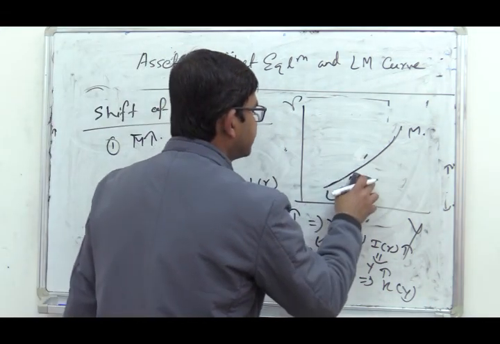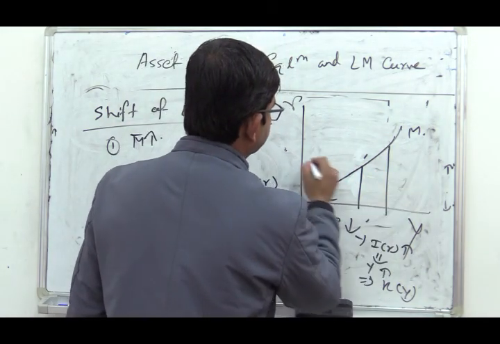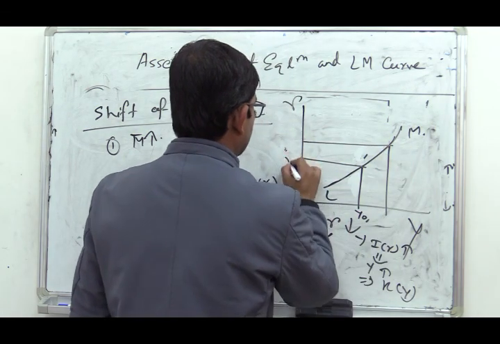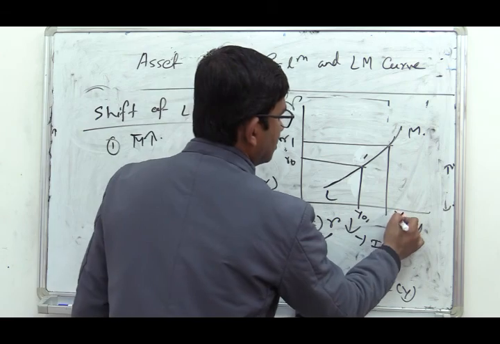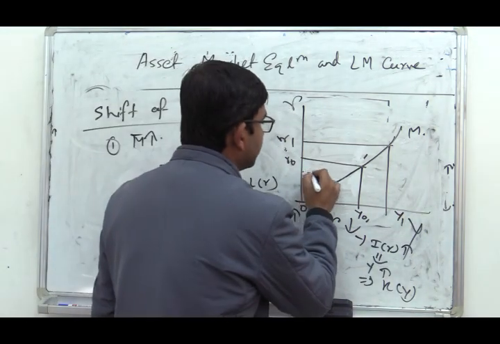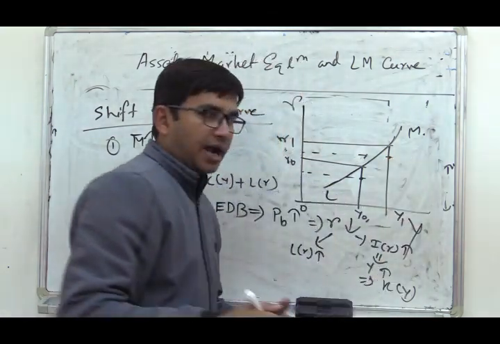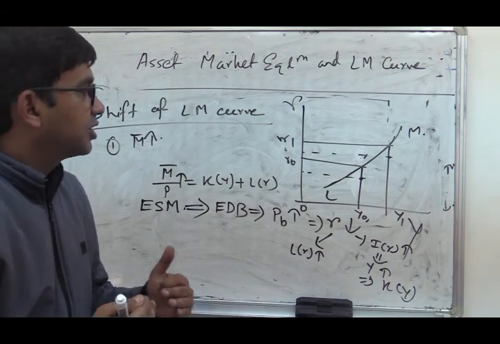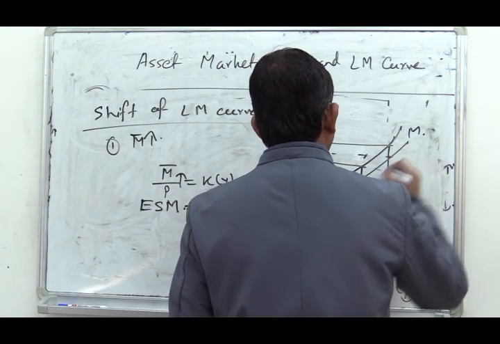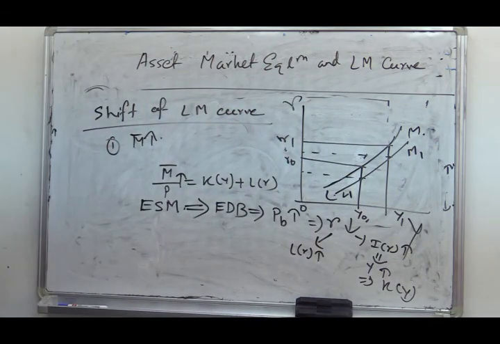So at each level of Y, there will be a lower rate of interest. At each level of Y, the corresponding rate of interest will fall, and by joining these points, we will get a new LM curve, L1M1.